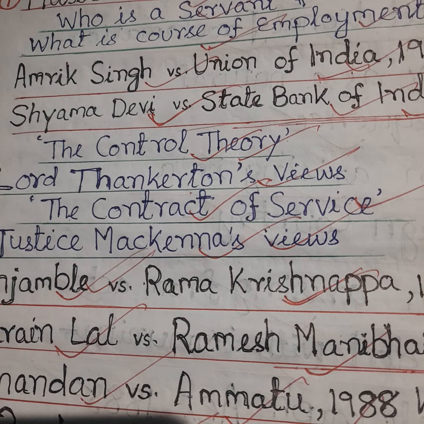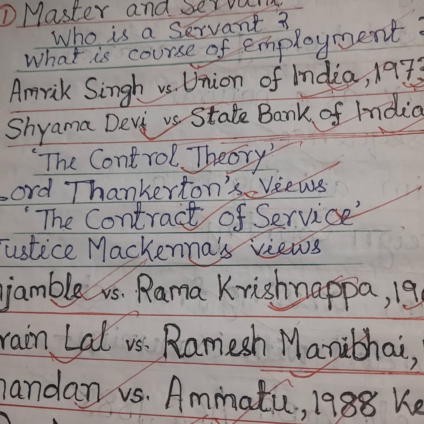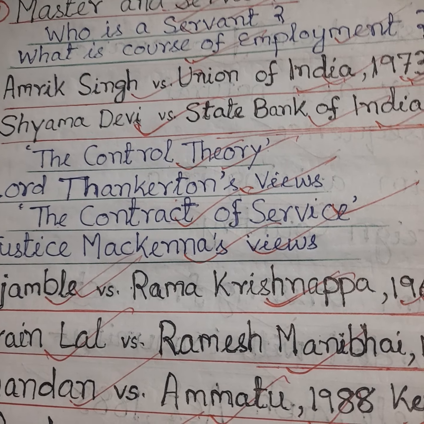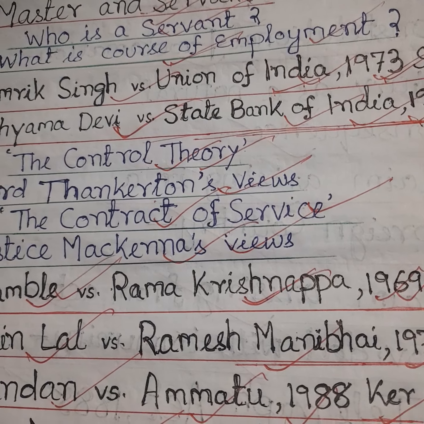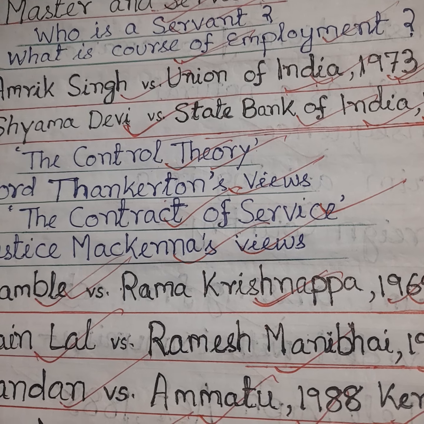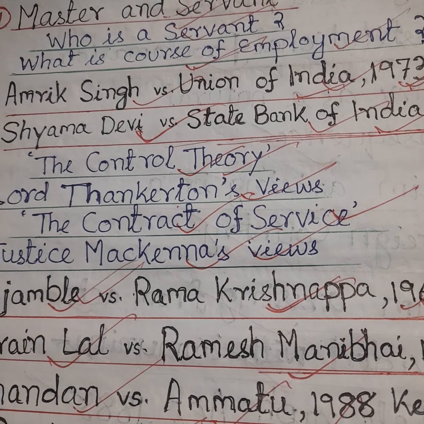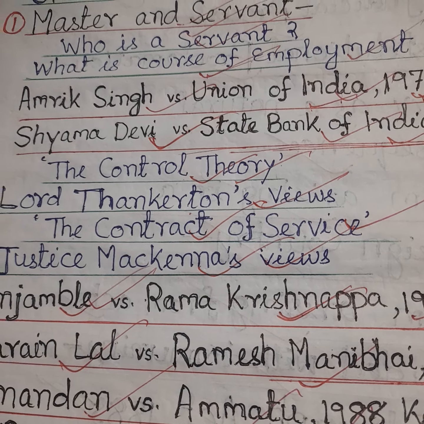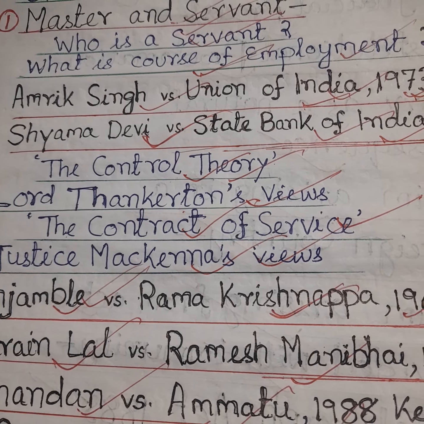The relationship comes into existence when the person selected as servant becomes the servant of the master, and then the master becomes liable where the negligence of the servant was in the course of employment.